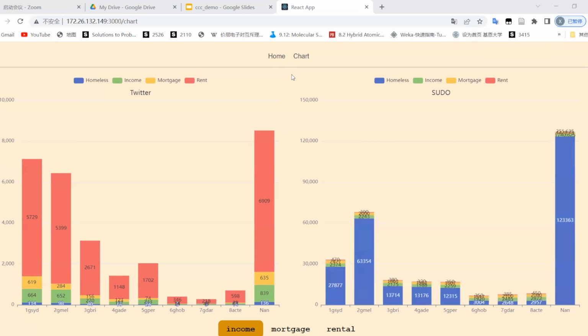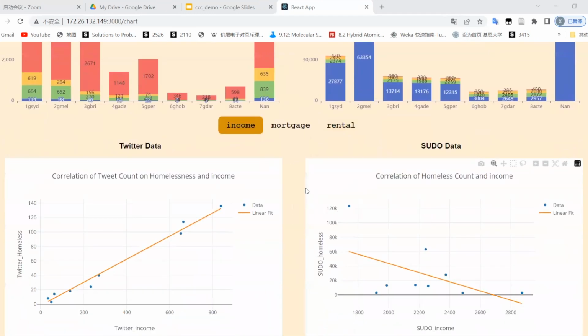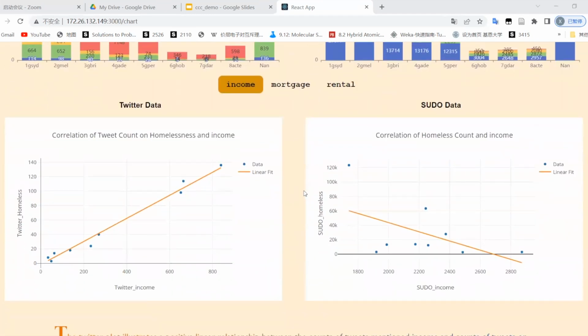The three variables of income, mortgage, and rental were then chosen to be correlated with homeless for linear analysis. Interestingly, all three variables in the Twitter data showed a positive relationship with homeless, meaning that the more people discussing income, mortgage, and rental on Twitter, the more discussions about homeless.